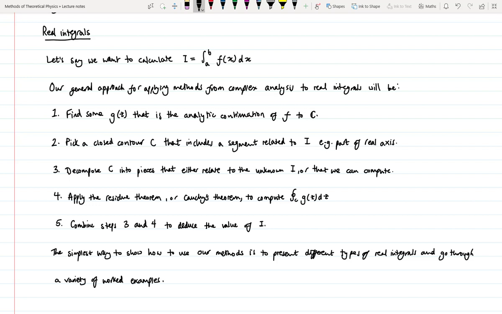And we're going to go through a lot of different types of examples, and that really reflects the versatility of this approach that I've written down here.